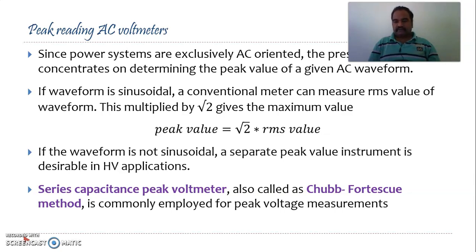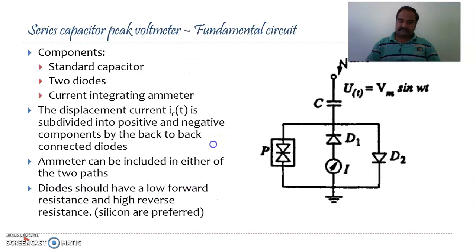But if the signal is not purely sinusoidal, then we need to use a separate peak reading instrument, which is desirable in high voltage applications. One such meter is the series capacitance peak voltmeter, which is commonly employed for peak measurements in AC voltages.